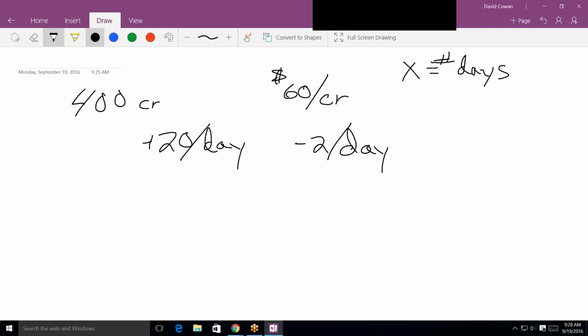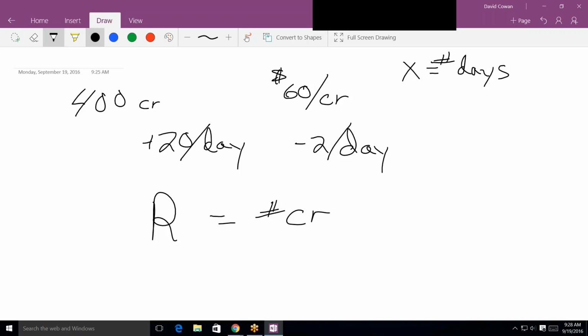So the value, or the revenue, let's call it, is equal to what? Let's use words. Looking back at the pig problem, we had weight. So it's going to be number of crates ready right now? Well, at any point.